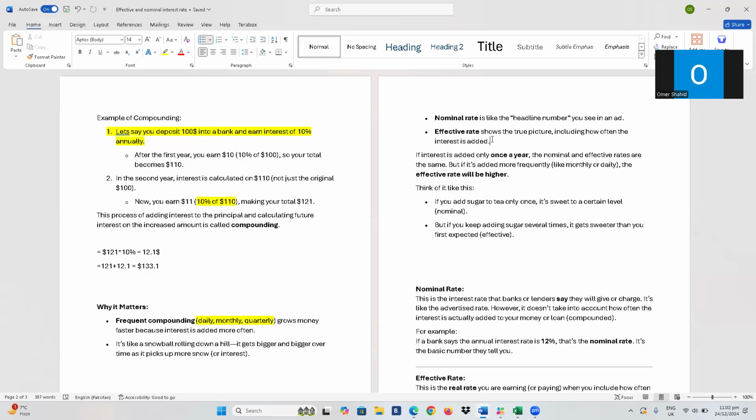So when you see the true picture, when they add up the interest, that's what is called the effective interest rate. We will look at the example, so you don't need to worry if you can't understand 100% at this stage.